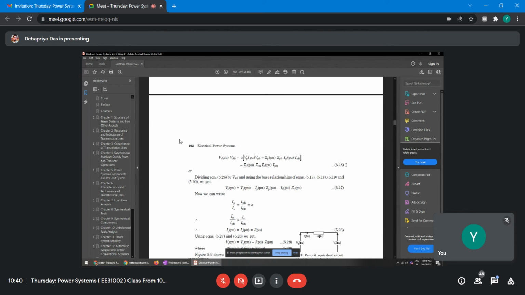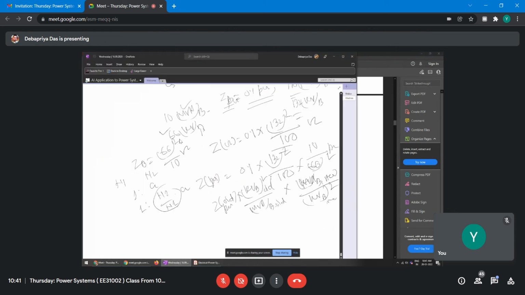This should be equation 26, not 28. Equation 27 is okay. Whatever 5.28 is given, it is actually 5.26. It is a typographical error, and you should make this correction. It should be 5.26, right?